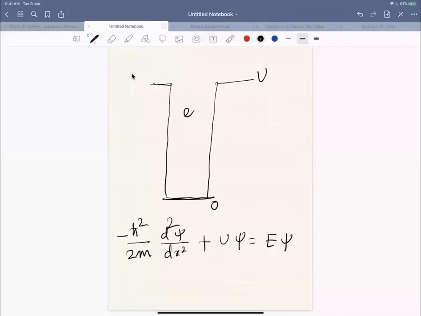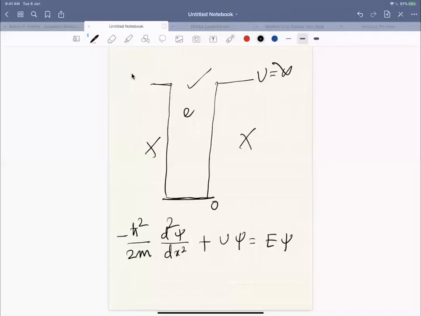If it is an infinite potential well, that means U is infinite. So there is 0 possibility that the electron can go out, because if it is an infinite potential well, the electron cannot go out. So the probability of finding the electron in this part and this part is absolutely 0. There is no possibility that the electron can be found in the other part. The electron can only be found in this potential well.